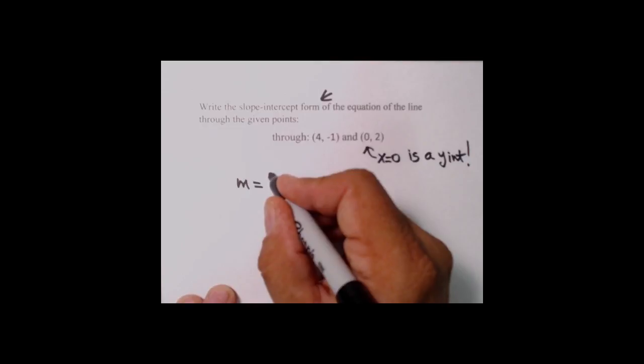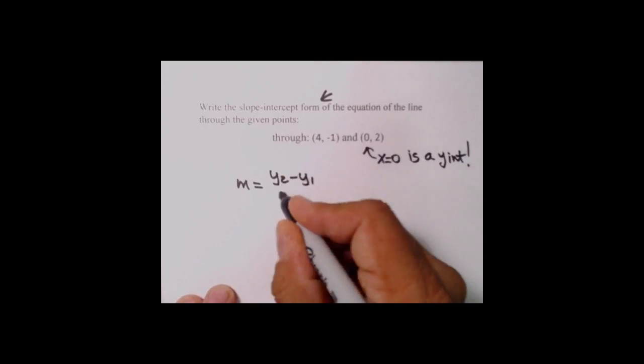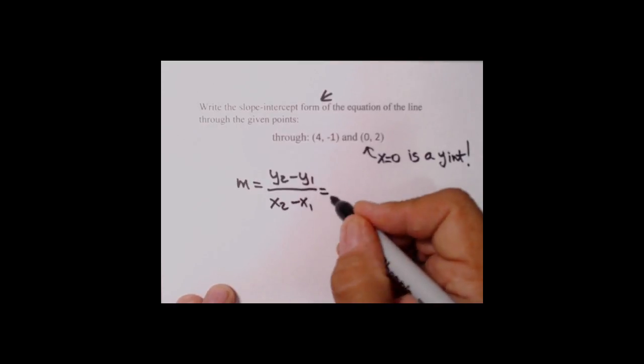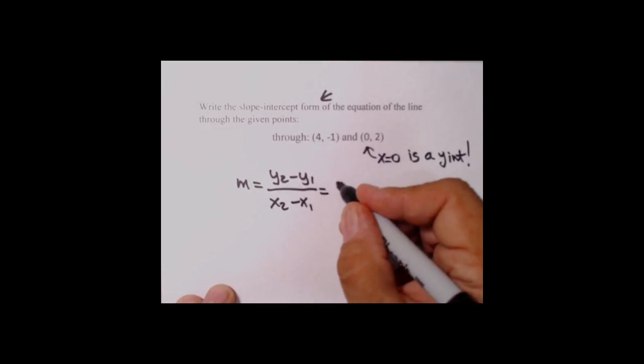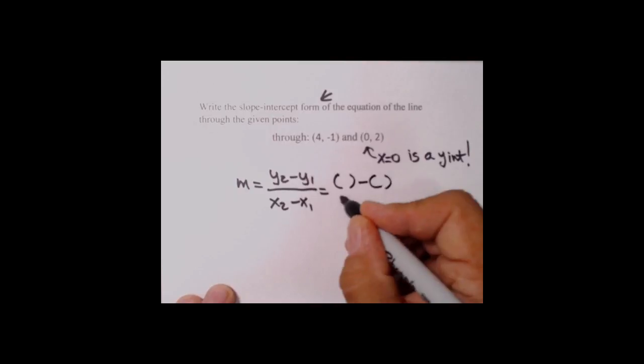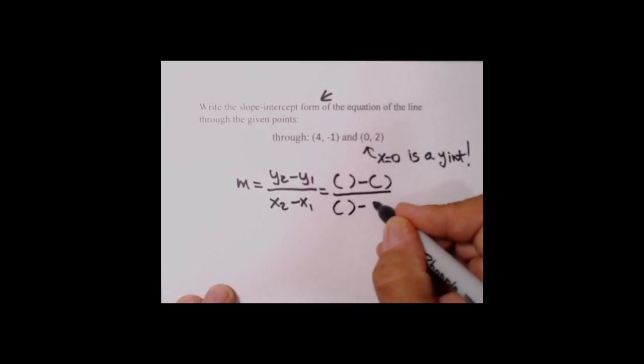M equals, remember the y's on top, y2 minus y1 over x2 minus x1. Okay, make your double set of holes again. So here we go. Here's a hole for y2 minus a hole for y1, all over a hole for x2 minus a hole for x1.